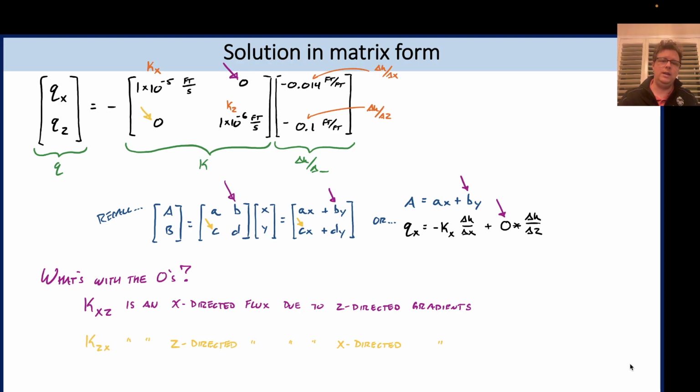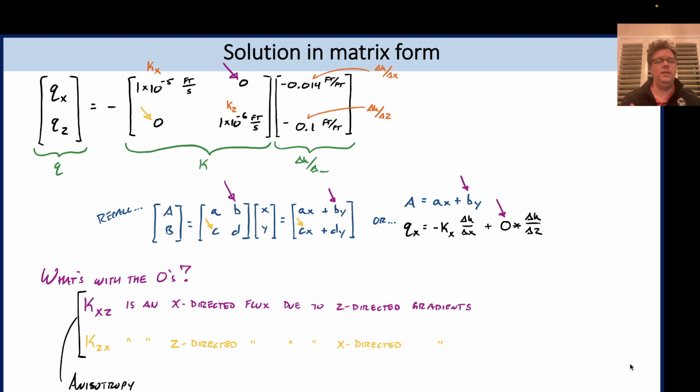Similarly, the ones I'm pointing yellow arrows at would be KZX. This is a z-directed flux due to an x-directed hydraulic gradient. And the reason that we're teeing these up and looking at these off-diagonal terms is this is where anisotropy will show up in our problem sets.